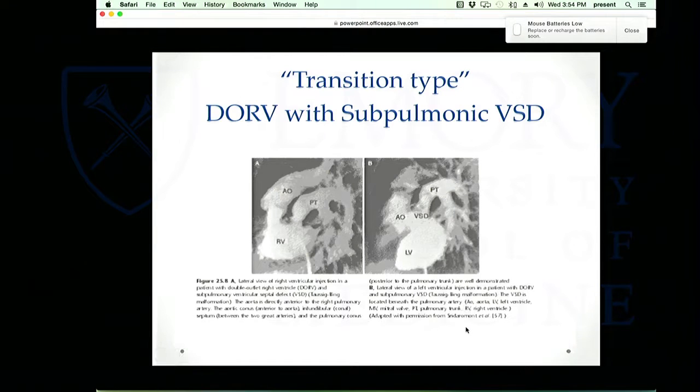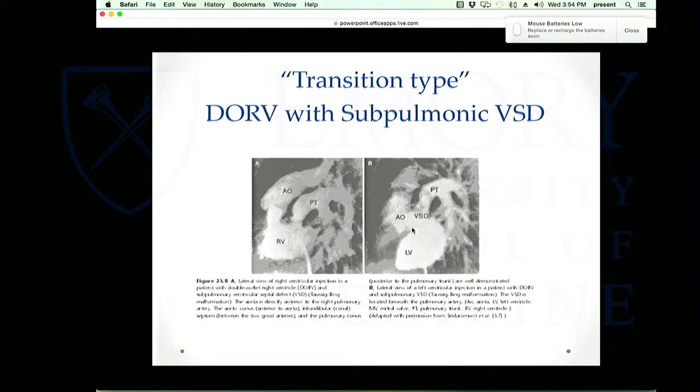And then I think it's easier to start with a picture with the transposition type. So this is an RV angiogram, and you can see contrast going both to the aortic valve as well as the pulmonary valve. And then this is another injection in the LV, and you can see the VSD here.